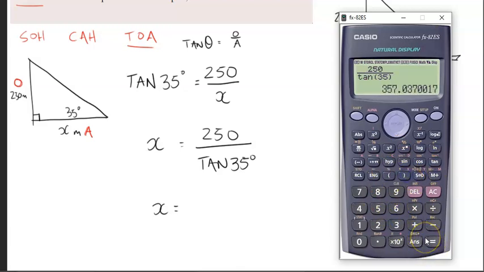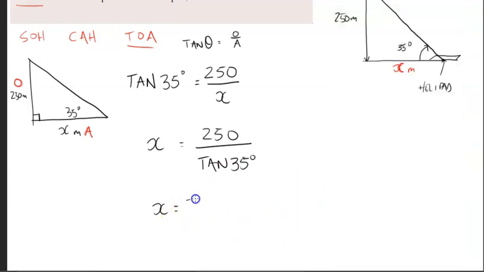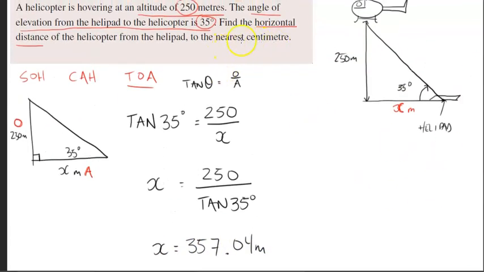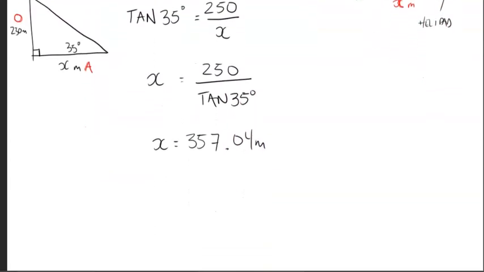And this is equal to 357.03, and because of that 7 that's there, this bumps up to 357.04. So 357.04 meters. Just make sure we find this to the nearest centimeter. So to the nearest centimeter is 0.04.